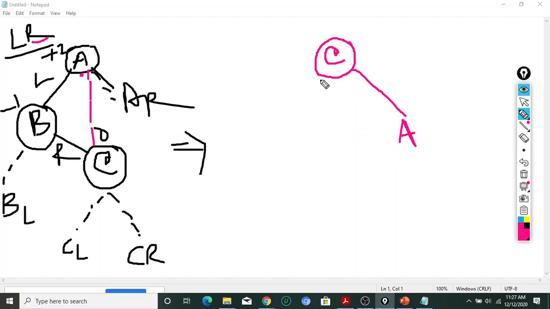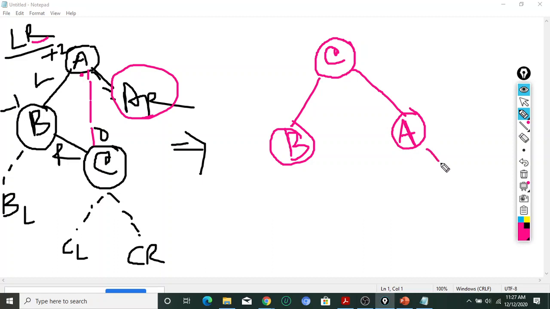Then B becomes the left child as it is. Now consider this one: whatever is on the right-hand side will become the right child. This is my solid line, this is my dotted line. This is AR, as it is, and B's left child will be as it is. This position is as it is.